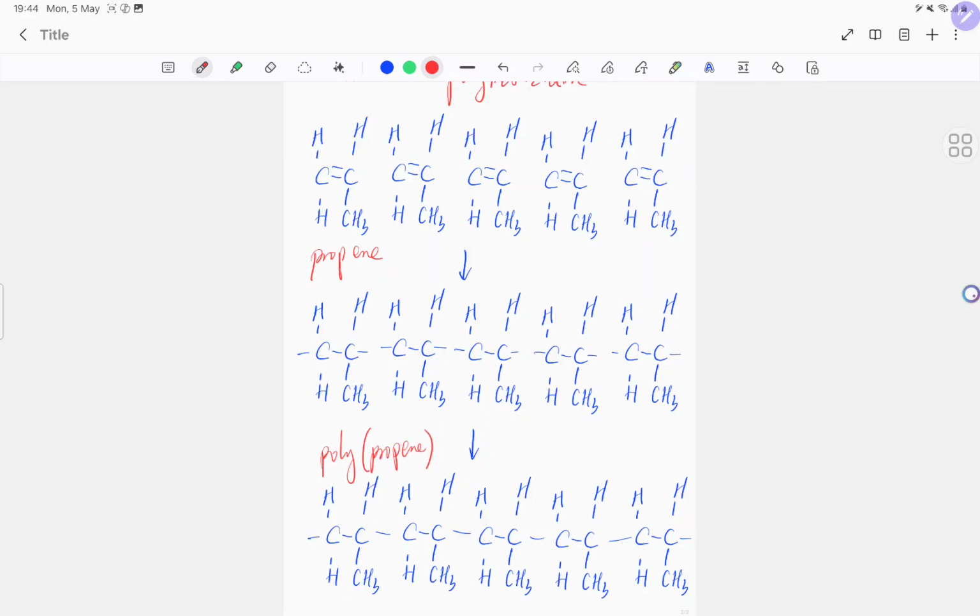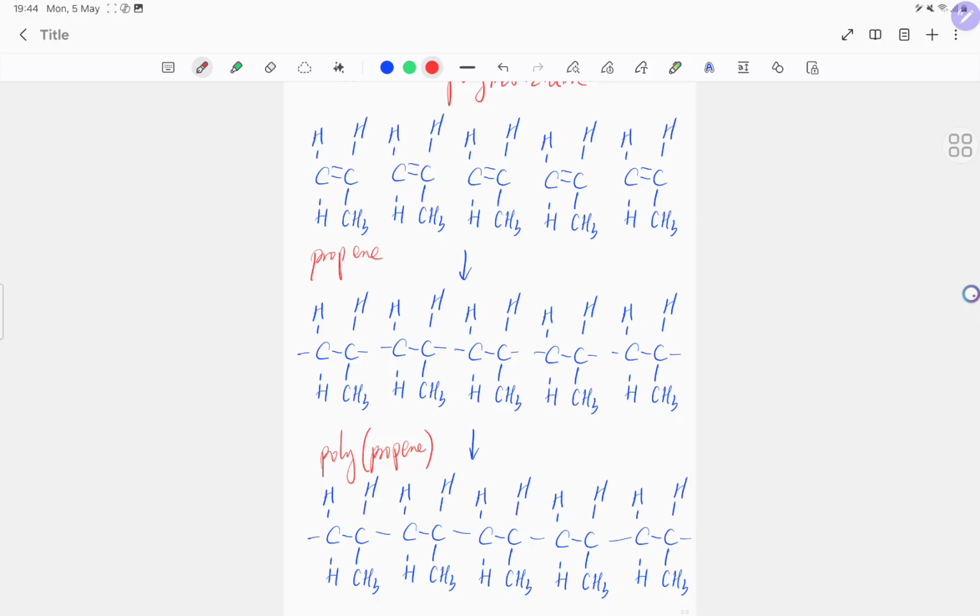So all of the carbon double bonds will be broken to single bonds. And once they're broken, the molecules can bond together to make a long chain.